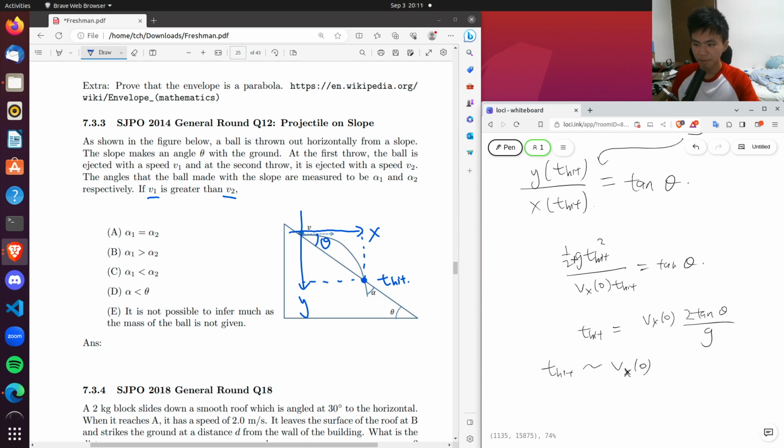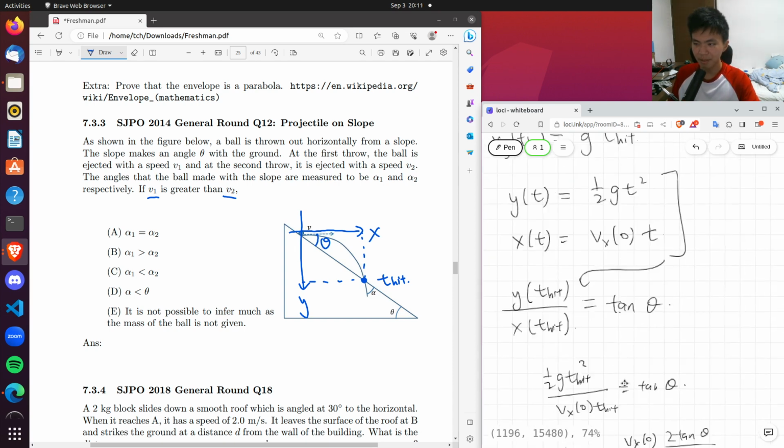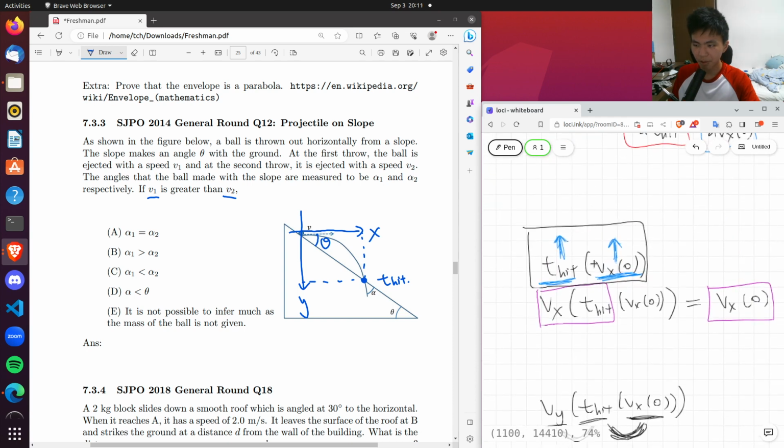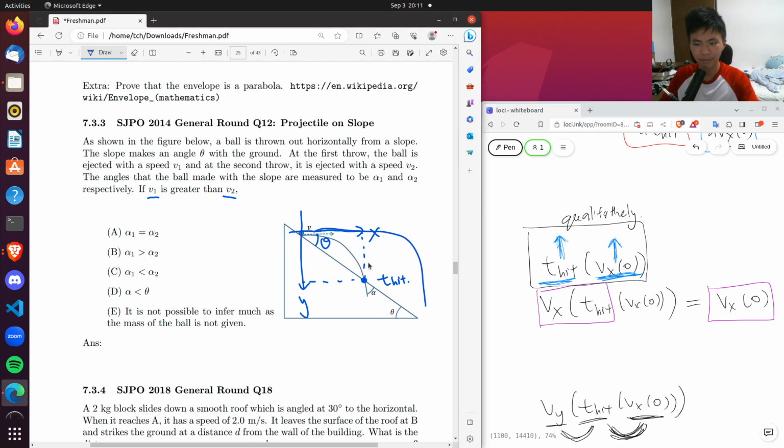So previously we qualitatively understood that as vx naught increases, it makes sense that the time of flight is greater because you're throwing it further horizontally. It's more time to spend in the air.